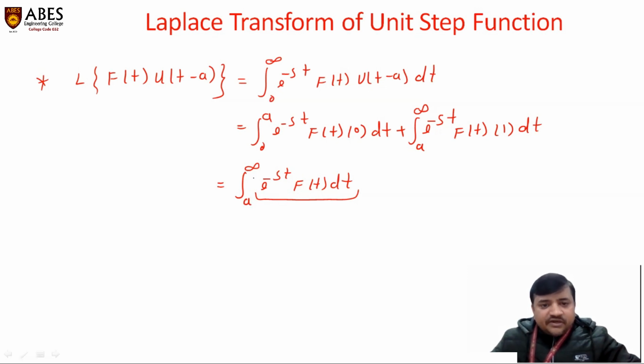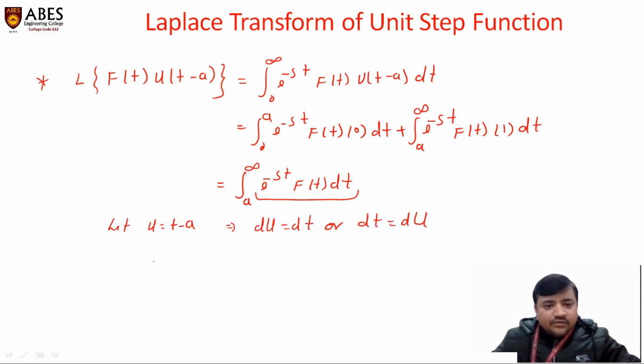So to convert this limit, again we will be doing the same job, that is, let u equal t minus a. It implies du equals dt, or dt equals du.